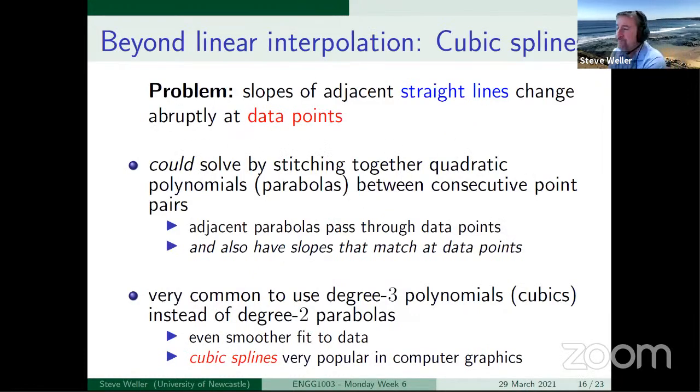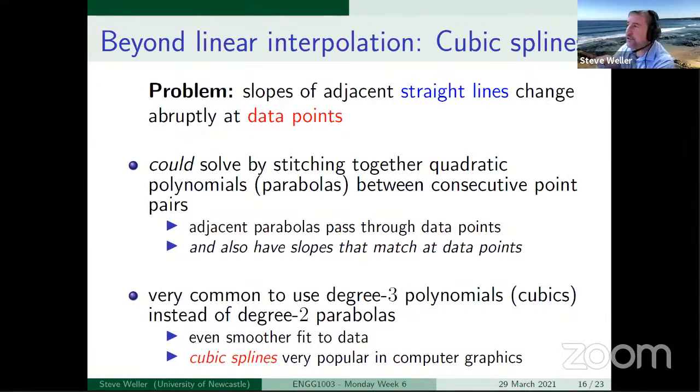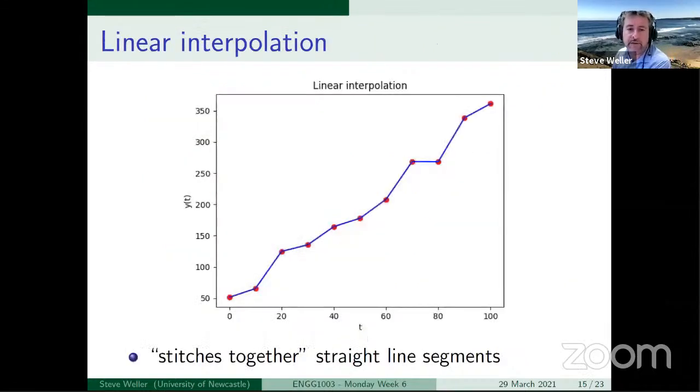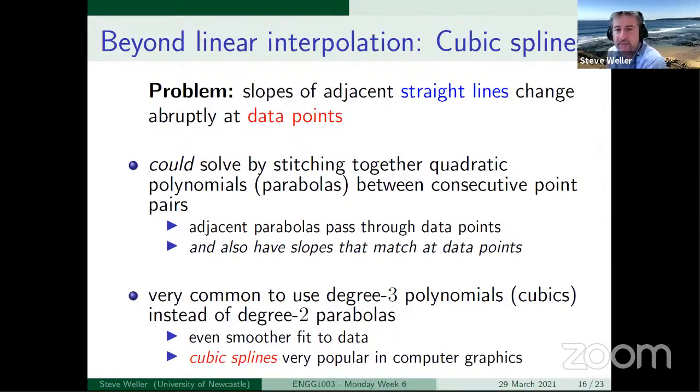Now that's good, but you can see that there's a problem with linear interpolation in that the slopes of the adjacent straight lines change very abruptly at the data points. So you can see that the gradients are constant, they change up, they change down, they go flat sometimes, they go steep, but the point is that the slope of the lines changes at the red data points.